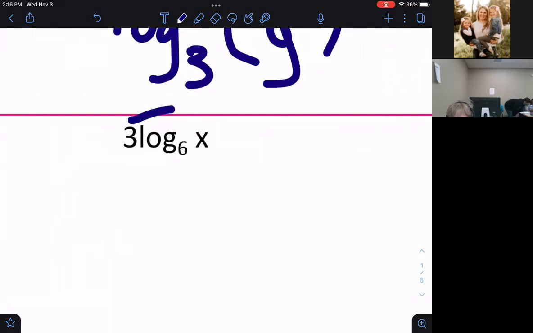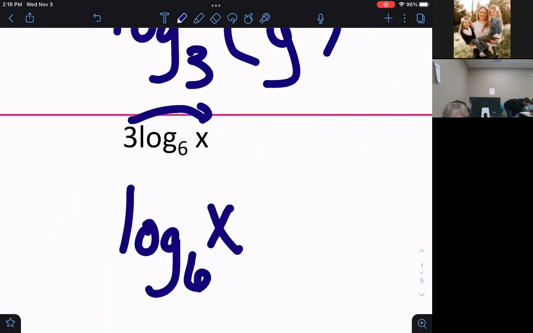So for this one, we're going to take that 3 and we're going to move it up to be an exponent with the x. So we're going to have log base 6 of x to the 3rd power. And that is completely condensed.